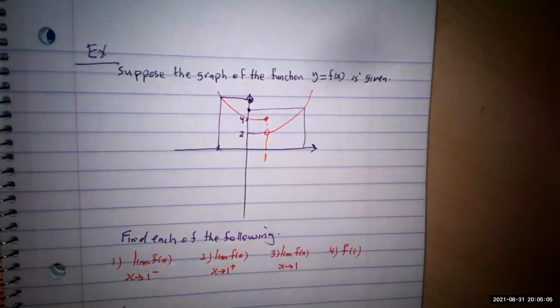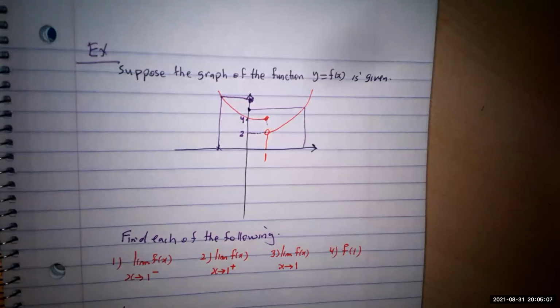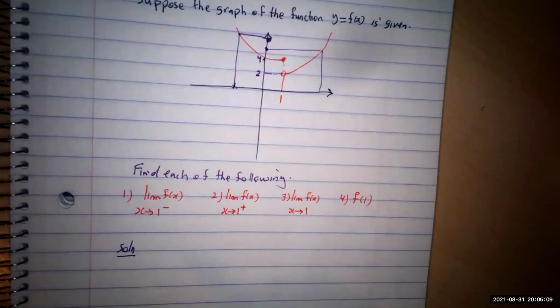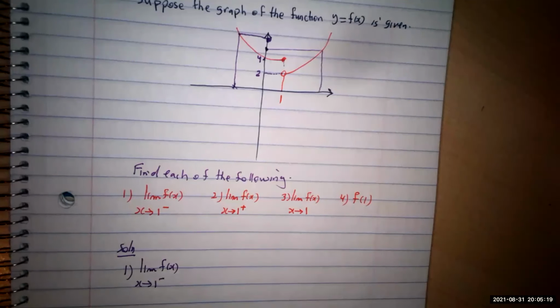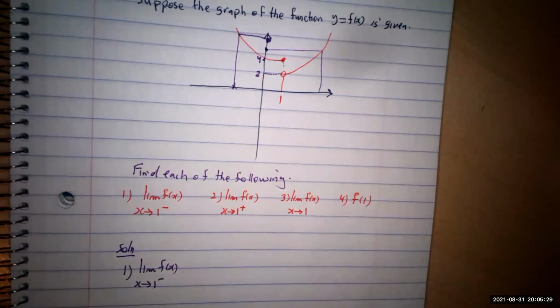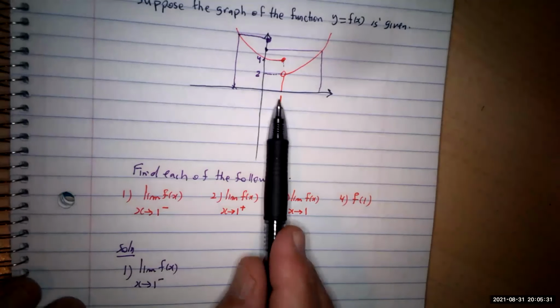So let's see if we can estimate what's going to be the limit. The first one, we want to know what's going to be the limit of f of x when x goes to 1 negative. 1 negative, remember, x less than 1. Pick some numbers less than 1 and estimate what is going to be the value of your function. You see, this is 1.